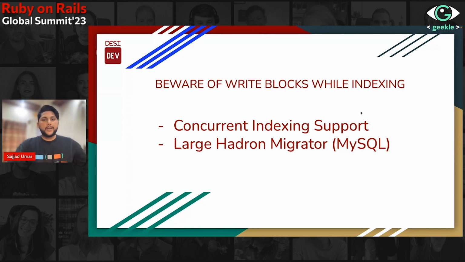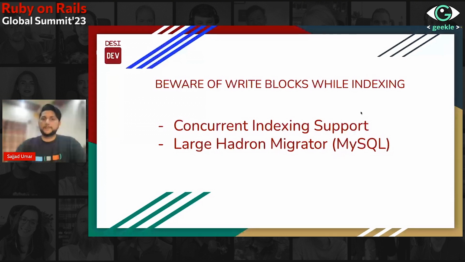To avoid that, you can either use concurrent indexing support in the latest versions of MySQL or Postgres, or you can use a very handy tool by Shopify called Large Hadron Migrator, which works for MySQL only, but it really works.